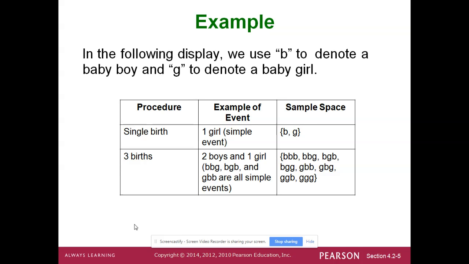The sample space are all possible ways of having three births. So you could have all boys, two boys and a girl, boy, girl, boy, all of that stuff, the different ways of having three births. So listing the sample space are all the possibilities for that. Okay, for three births, there are how many? 1, 2, 3, 4, 8 possible ways that can happen.